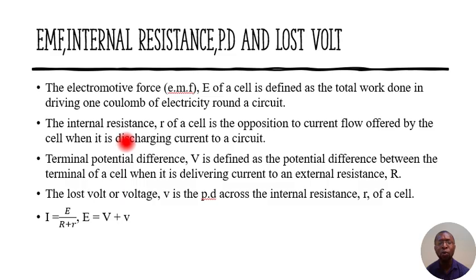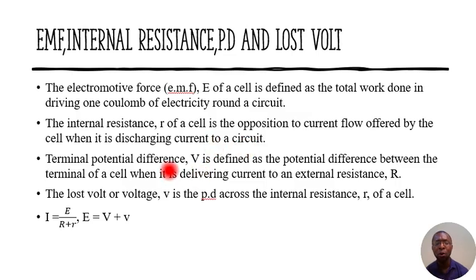The next term is what we call the internal resistance of a cell. Whatever has internal must have external. Now, we have said that resistance is the opposition to the flow of current. Internal resistance of a cell is the opposition to the flow of current offered by the cell when it is discharging current to a circuit. When that cell is giving out current to the circuit, its own resistance is called the internal resistance of that cell.